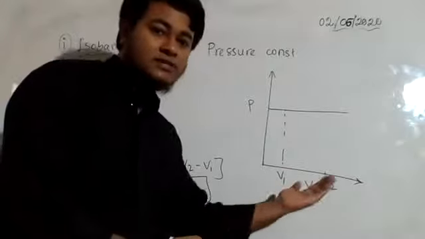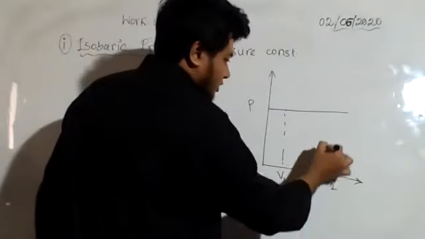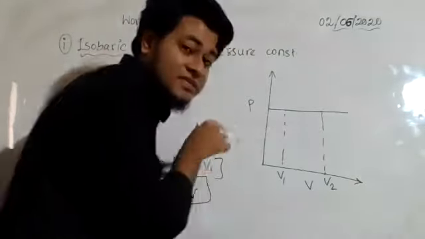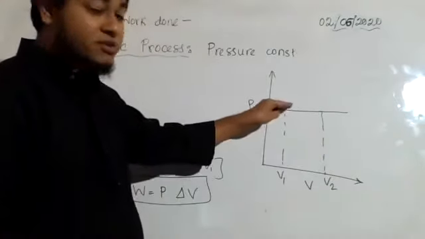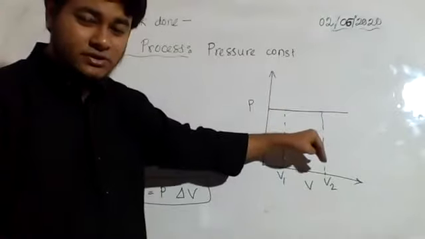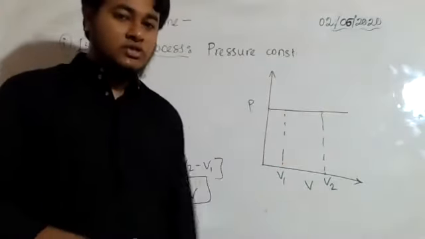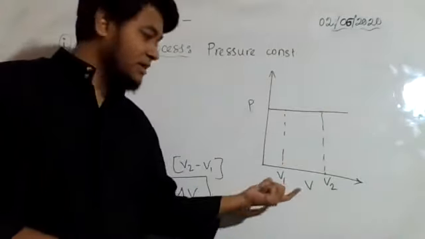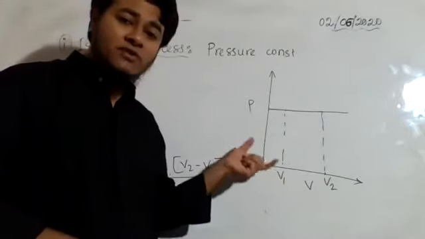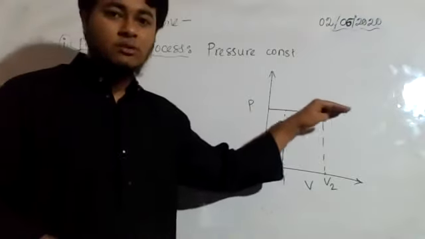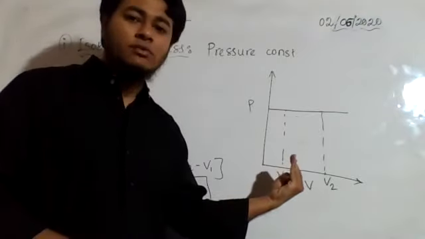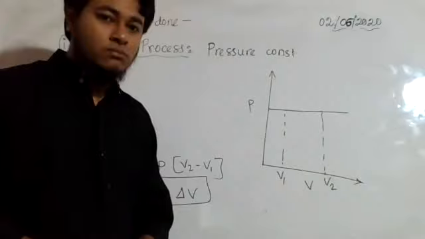The volume has increased, but what is the pressure? The pressure is still the same, right? With the increase of volume, the pressure is neither increasing nor decreasing. It is remaining constant. That is how the PV diagram should be for an isobaric process. The pressure will not change; it will remain constant. It doesn't matter whether you increase or decrease the volume, correct?